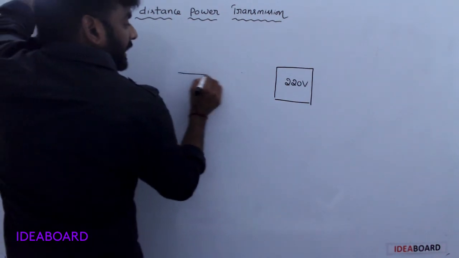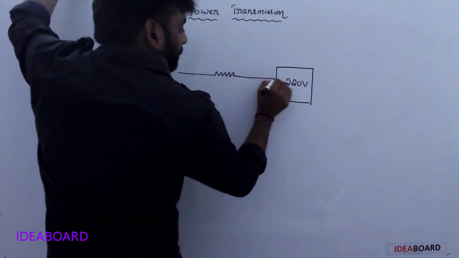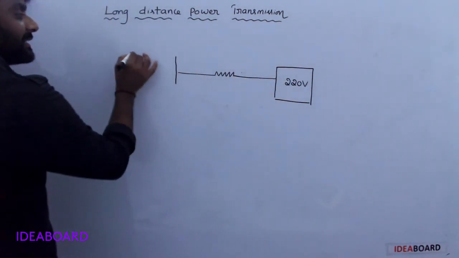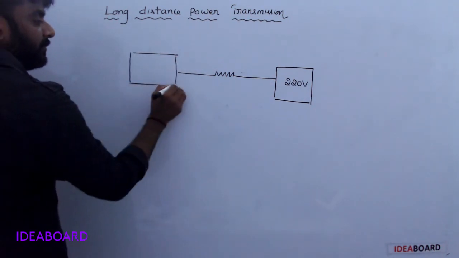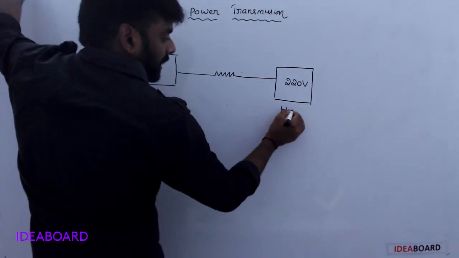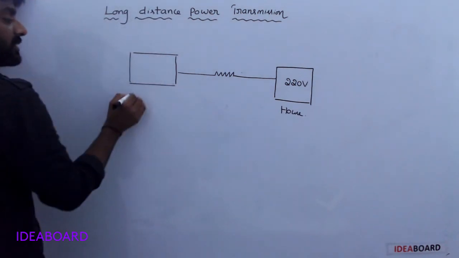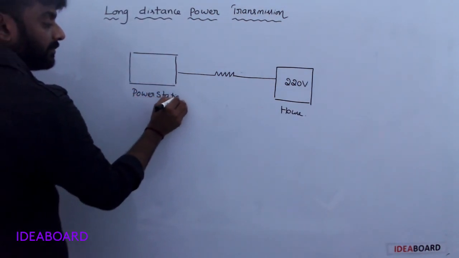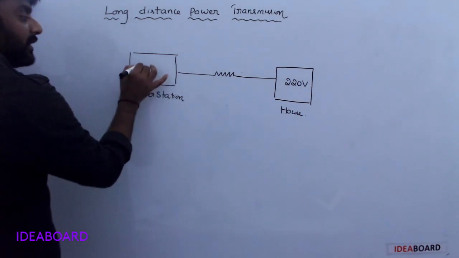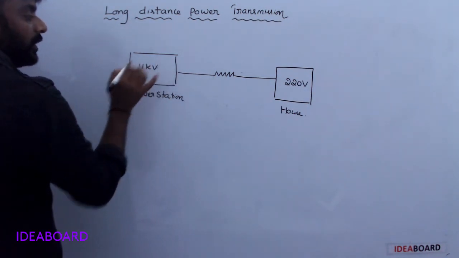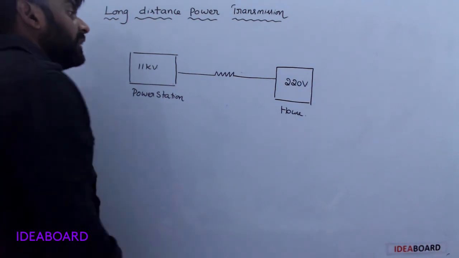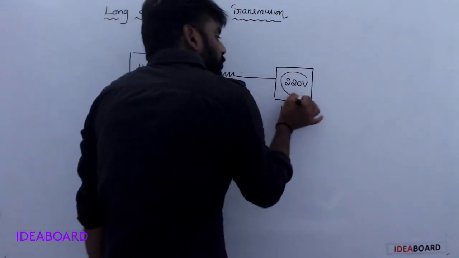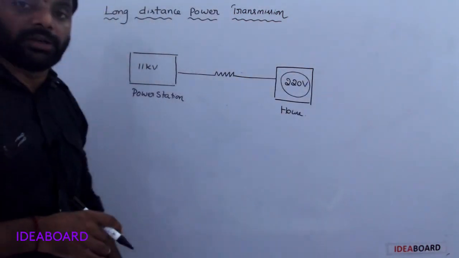It is taken from, for example, the power station. Here the supplied voltage is 11 kilovolts, but the required voltage is 220 volts.